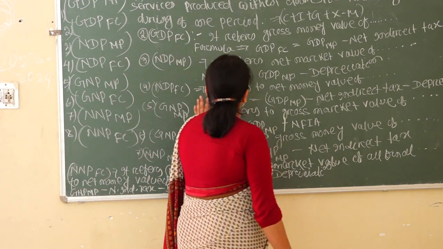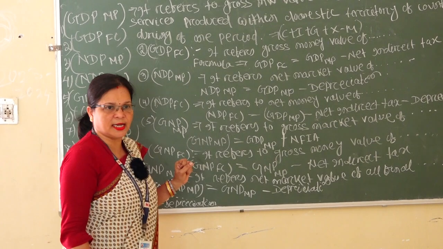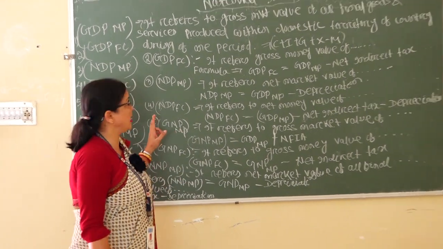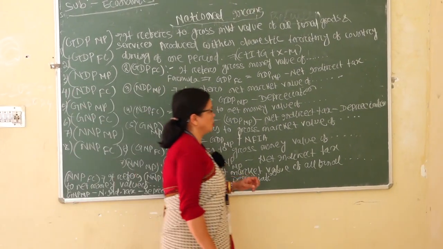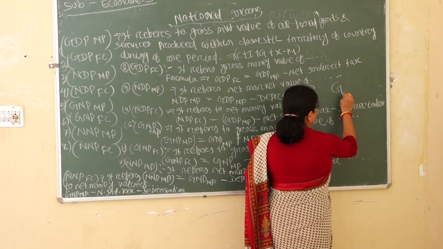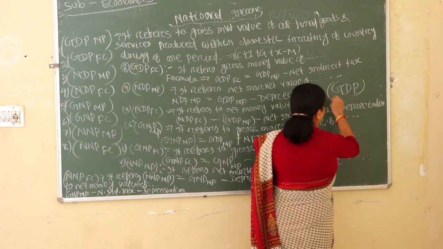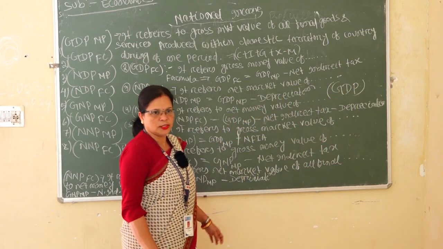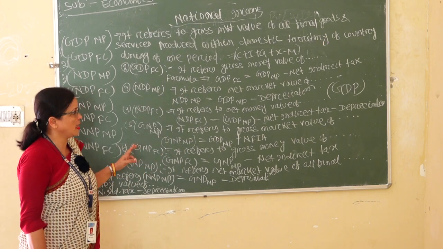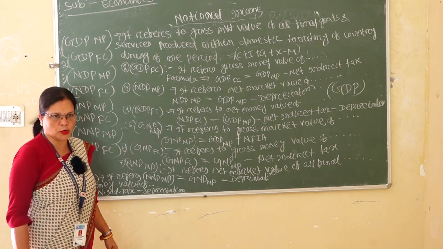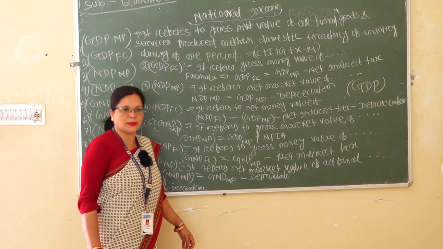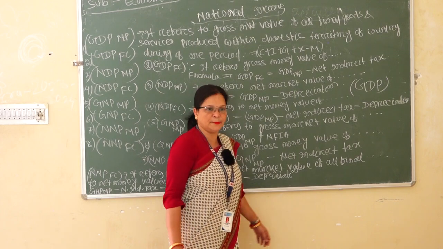To start with national income, first I tell you what is GDP. GDP means gross domestic product. What is the full form of GDP? Gross domestic product. So what is GDP?